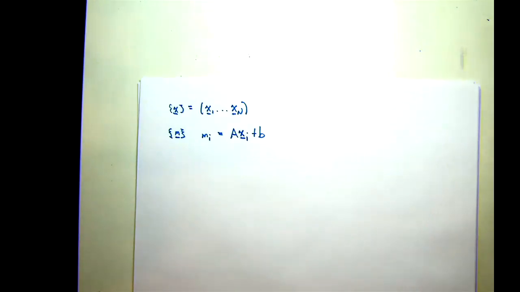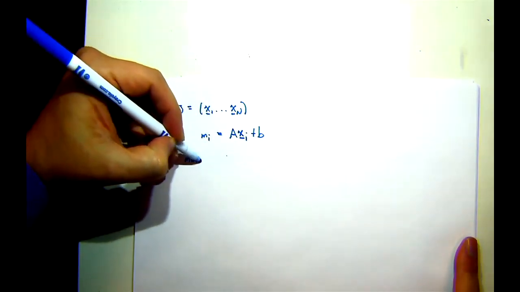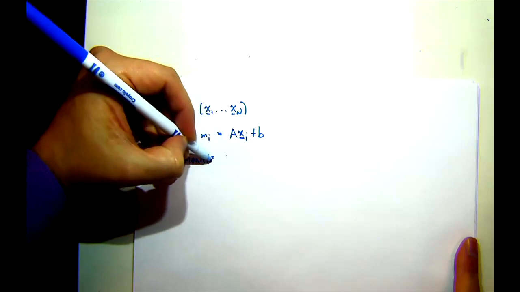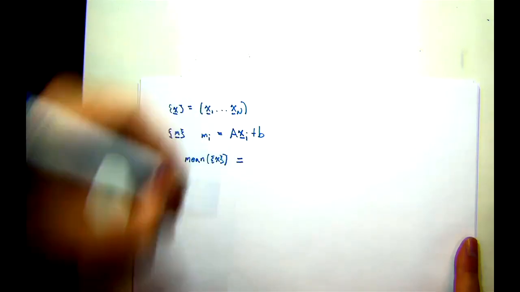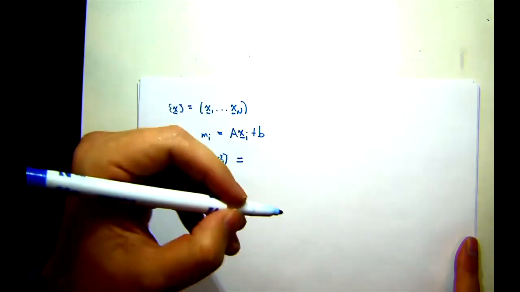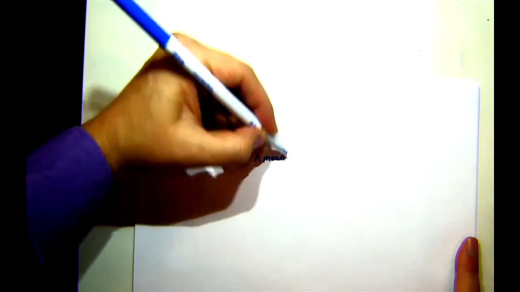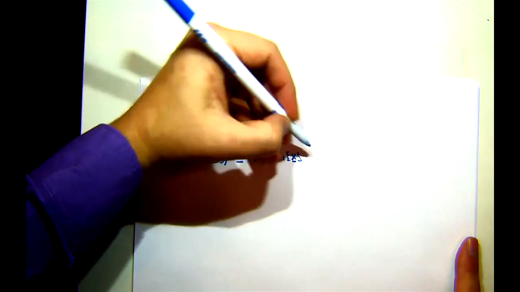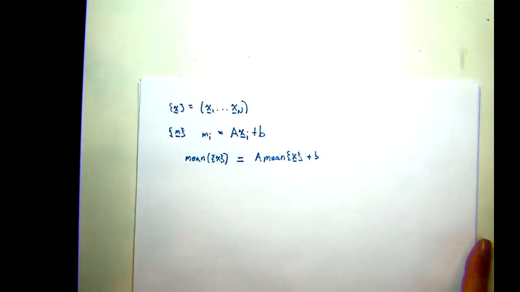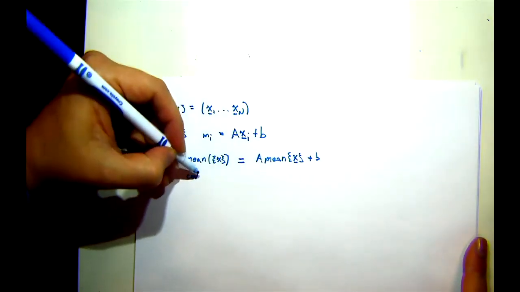First, let's talk about the mean of this data set. The mean of the data set x is going to be equal to A times the mean of x plus b.